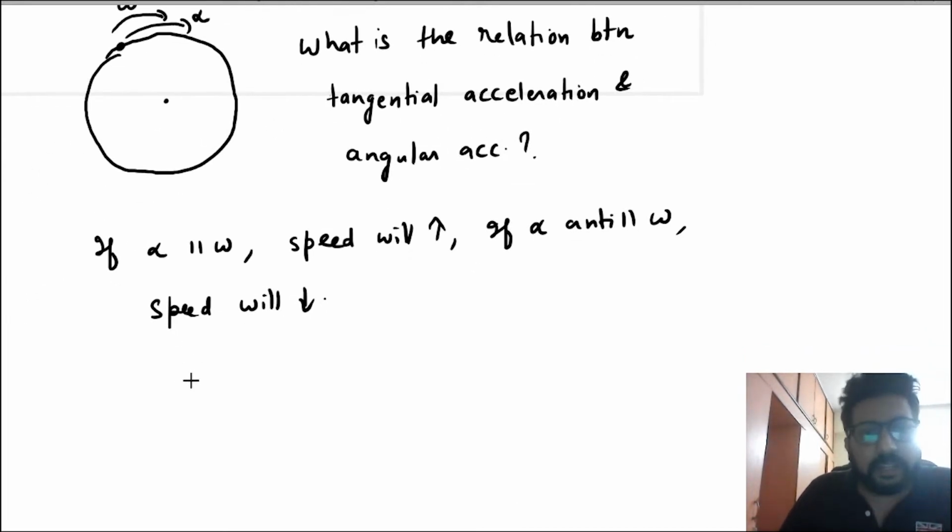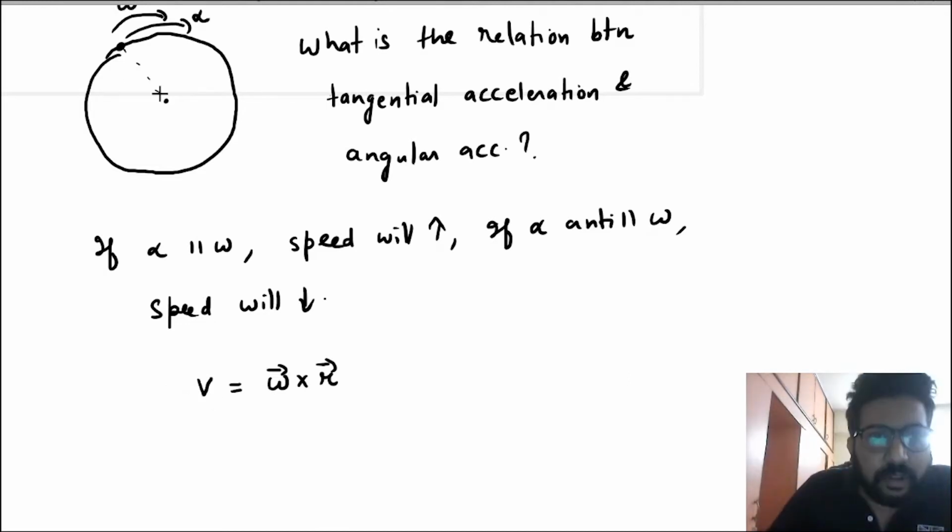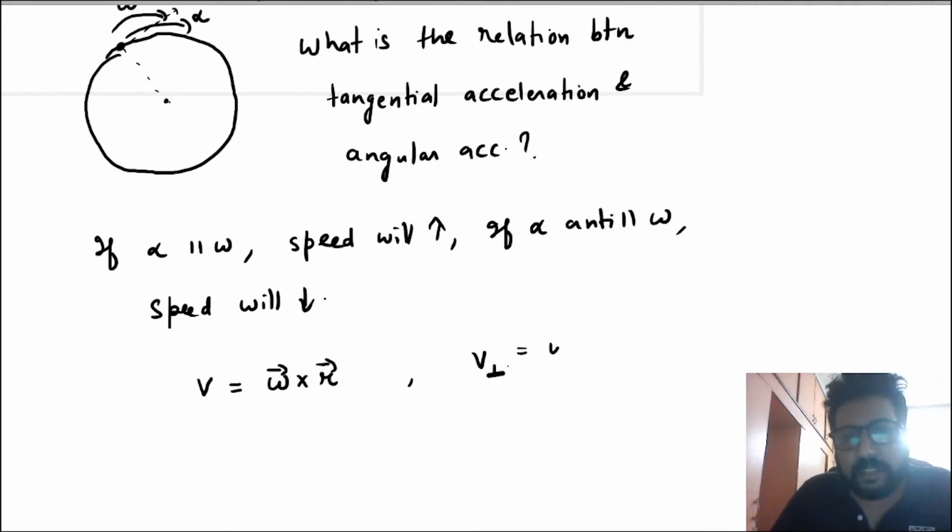You know that in a circular motion v is equal to omega cross r. This is the component of velocity which is perpendicular to r, and in circular motion v is already perpendicular to r. So for any curvilinear motion, v perpendicular is equal to omega cross r.